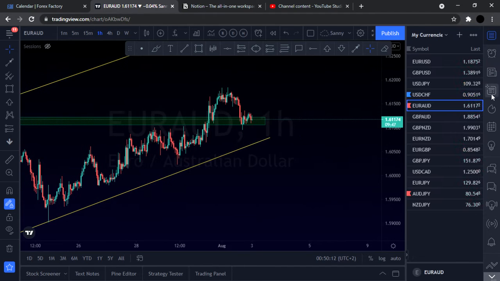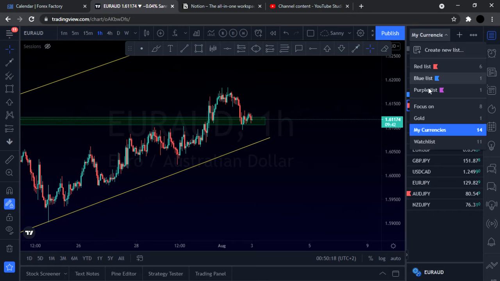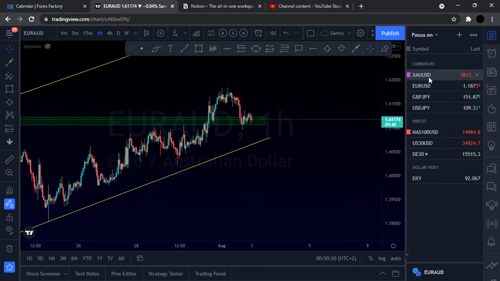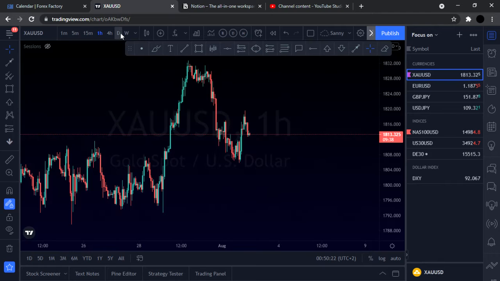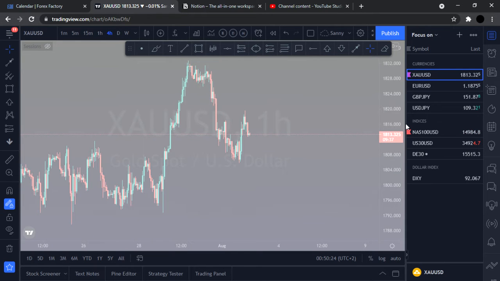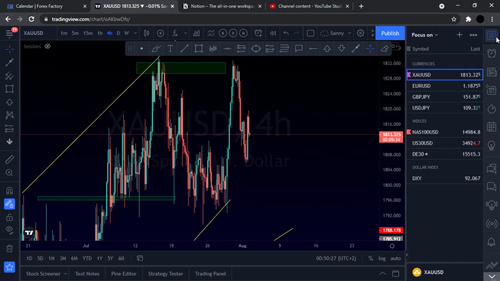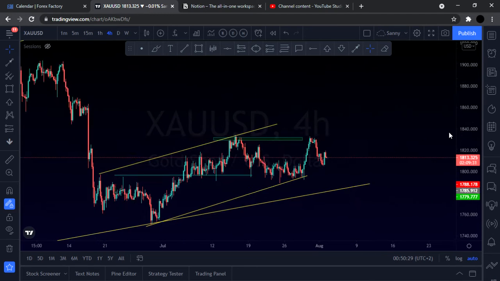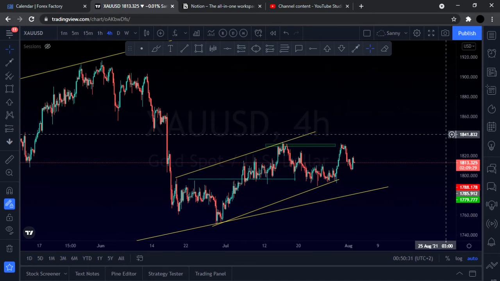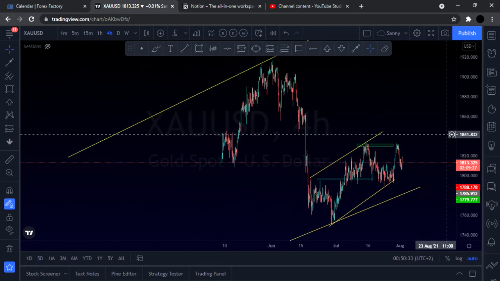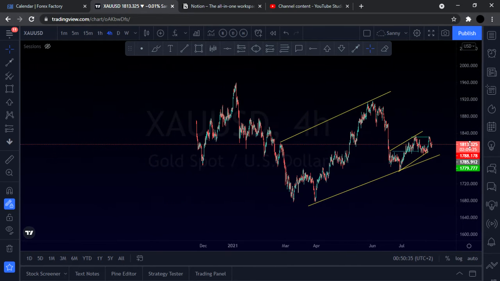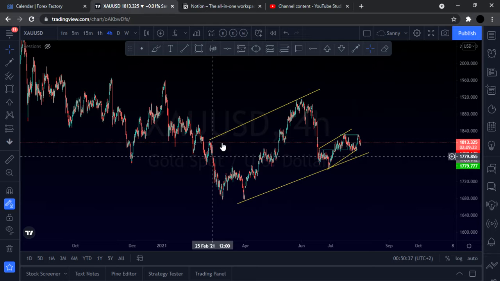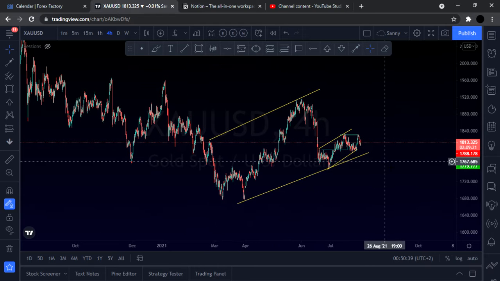Let's just keep things moving. Let's go to gold and start on the 4 hour. Let's just keep things moving, right? As you can see, gold has been on this upward trend, higher highs and higher lows.